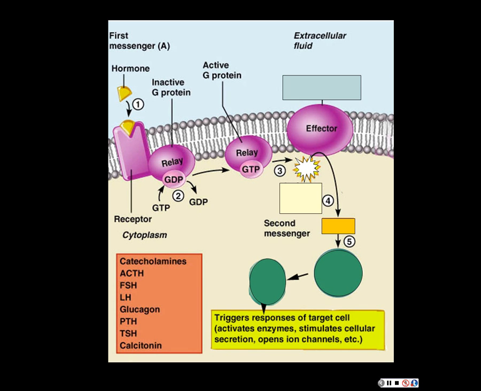So let me back up. Just label this, it says effector, but it's an enzyme. We're just labeling this as an enzyme. The specific name of the effector enzyme in the cyclic AMP pathway is called adenylate cyclase.